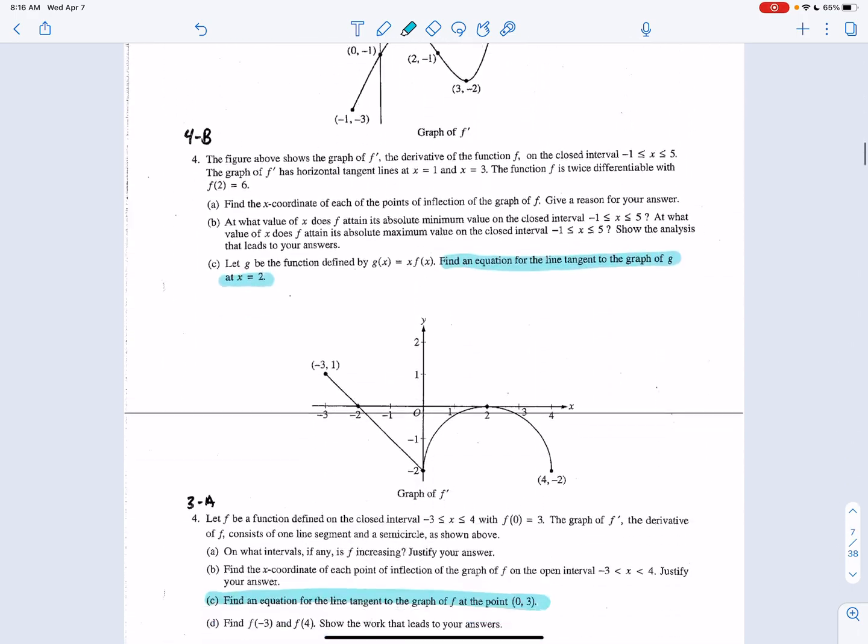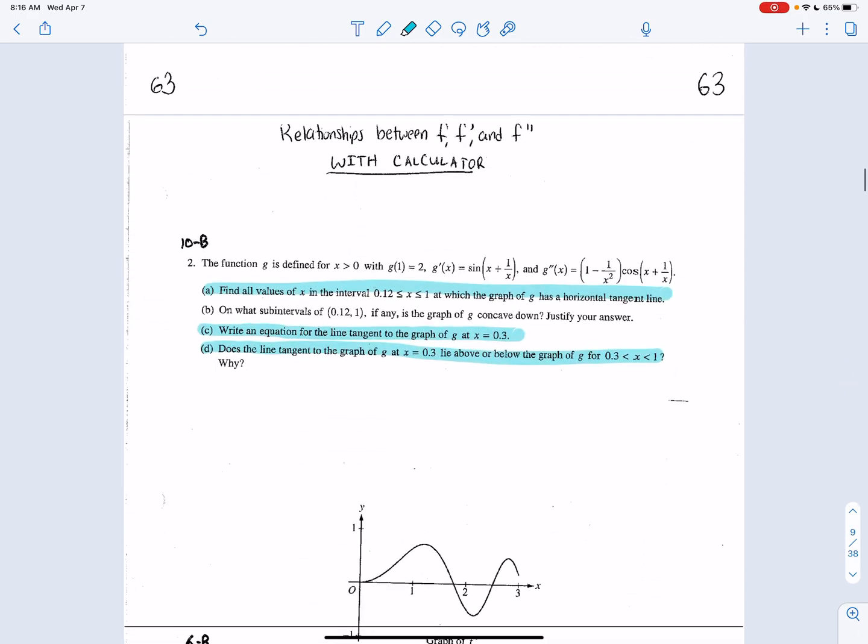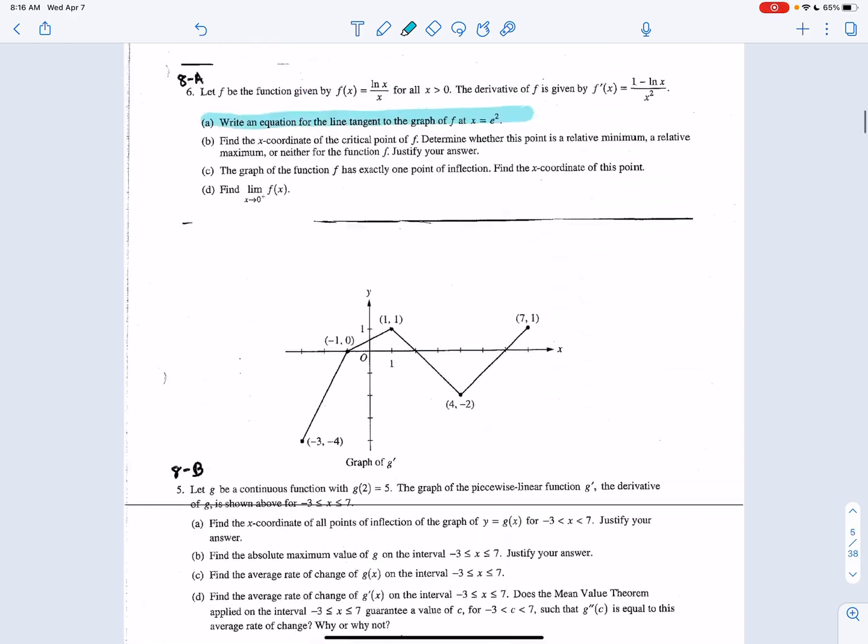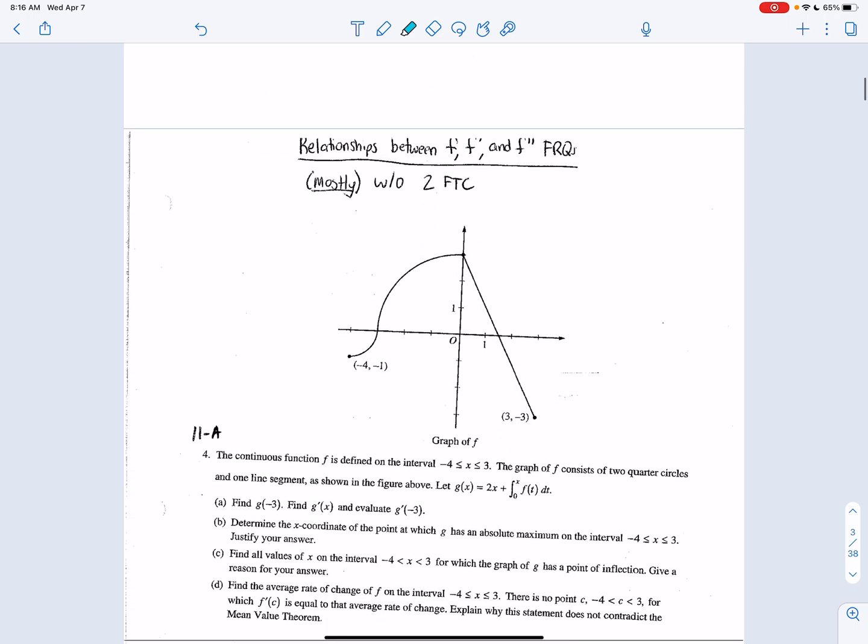So notice how there was a calculator section, and the one prior to it is the non-calculator. There's obviously more non-calculator than there is calculator. You guys have 6 FRQs. I would bet that this question will be one of the 4 non-calculator active questions.